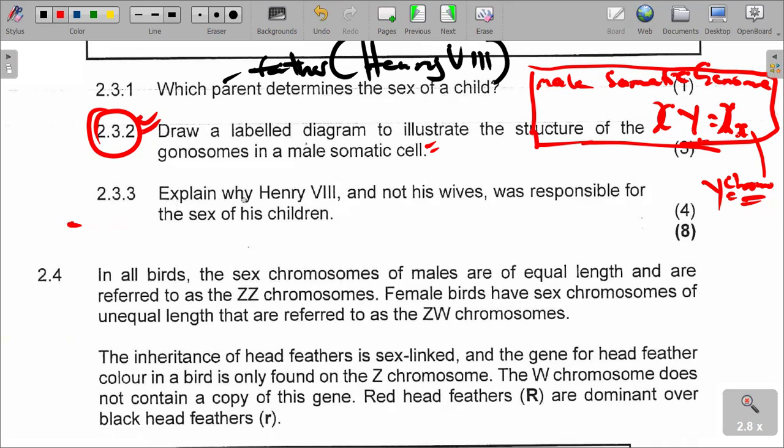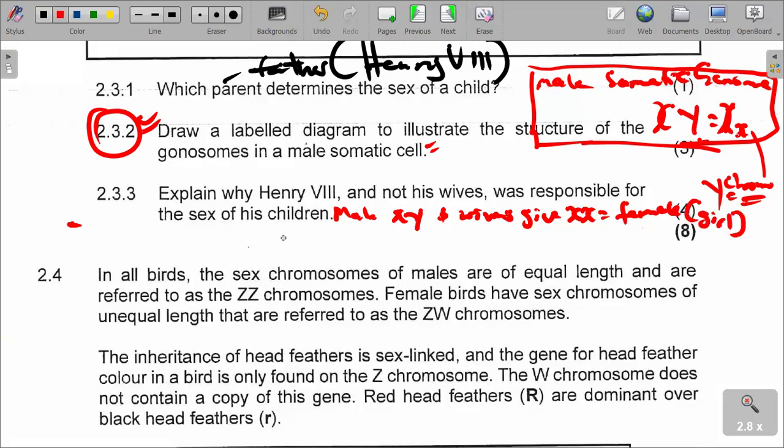We also answered it: the gender of a child is determined by what the male gives. The male gives an X or a Y chromosome, and his wife gives an X. XX will always give a female, a girl child.